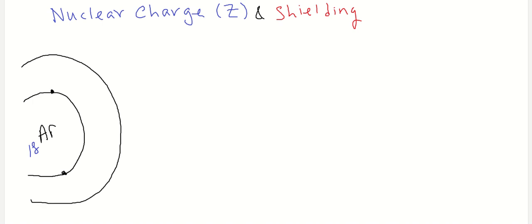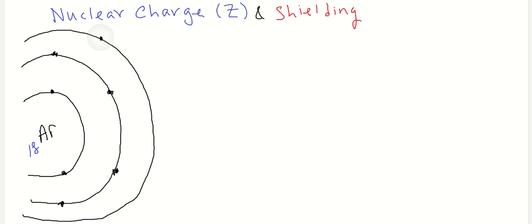Then in n equals 2, we've got 2 in the 2s and 6 more in the 2p, but I'm just going to draw a few of them here. And then in n equals 3, there's 8 more. But again, I'm just going to draw a few of them to illustrate this concept.